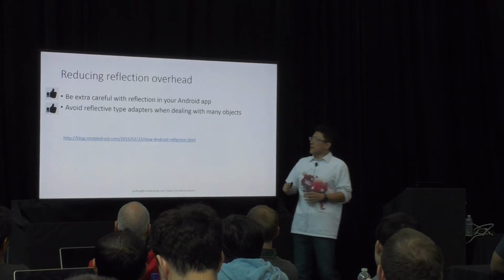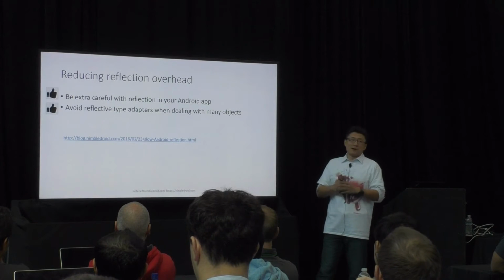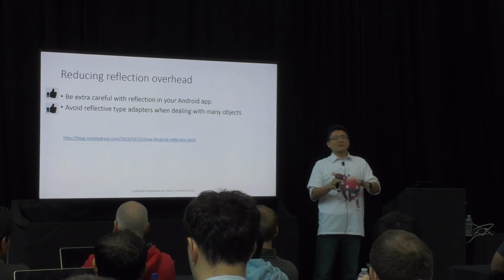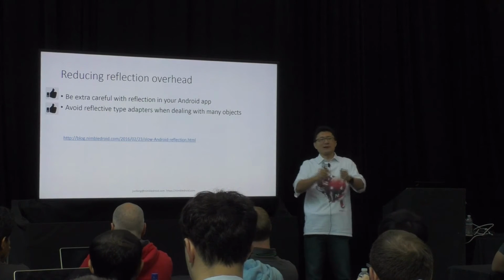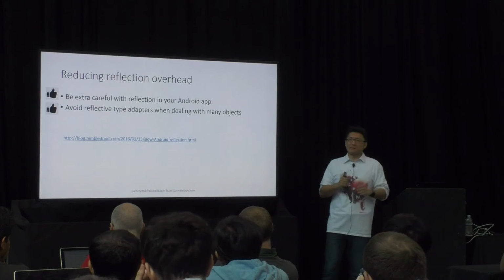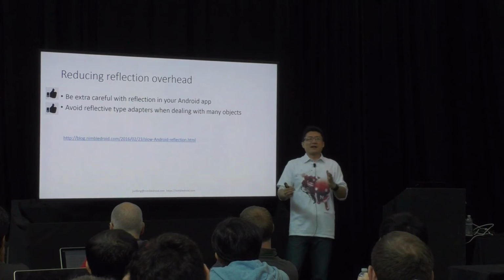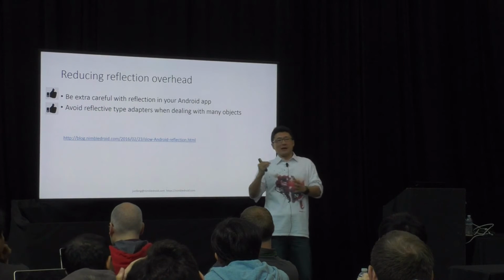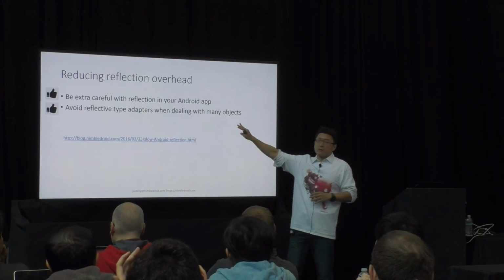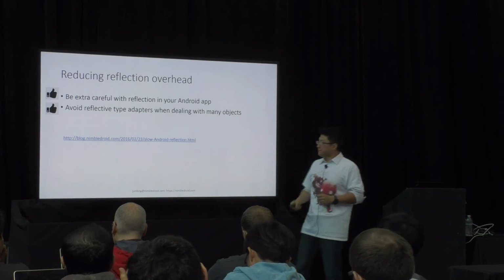Okay, so how do we reduce reflection overhead? Well, if you use reflection in Android, make sure you're very careful. If you use a lot of reflective operations, that can make your app very slow. In particular, if you're dealing with object serialization or deserialization, avoid reflective type adapters.